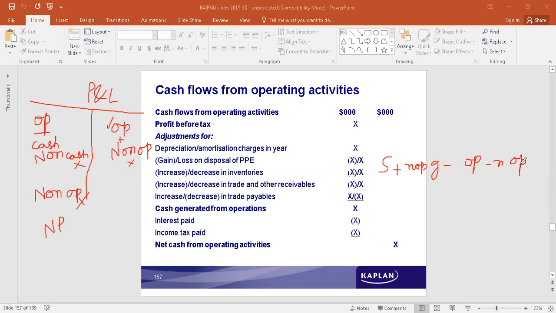When these things are done, is what we have as net profit. We don't want non-operating expenses. We don't want non-operating expenses.